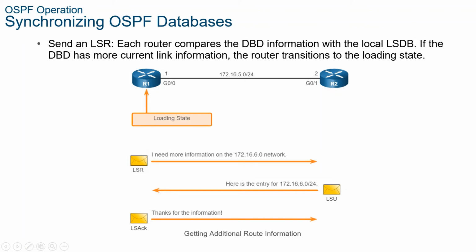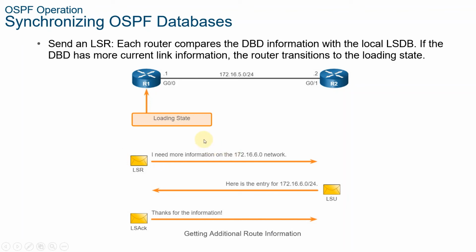Okay, so next would be sending an LSR. R1 compares the information received with the information it has in its own LSDB. If the DBD packet has a more current link state entry, the router transitions to the loading state.